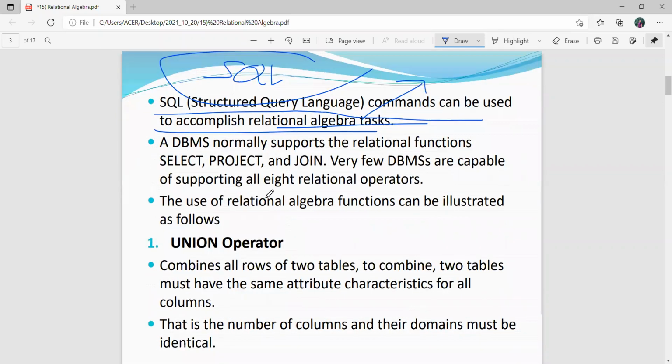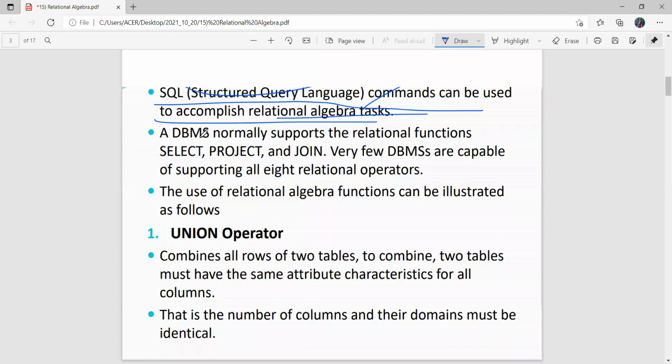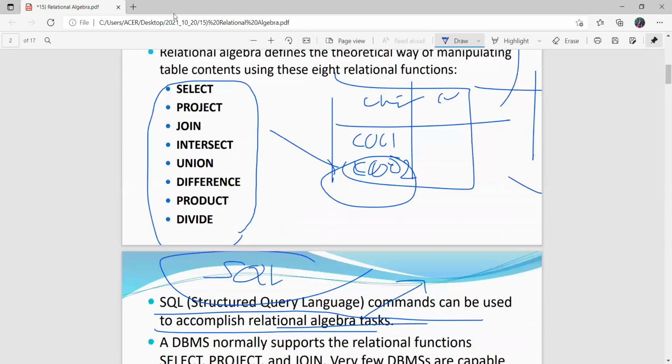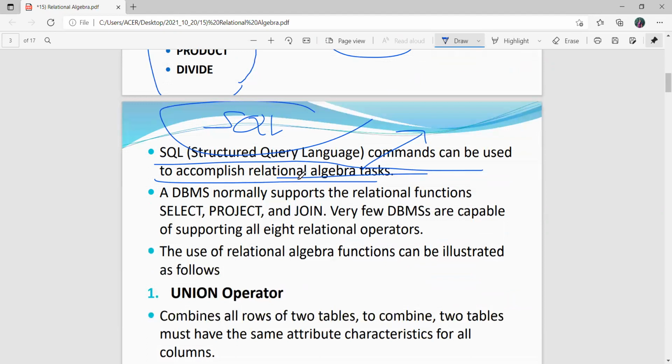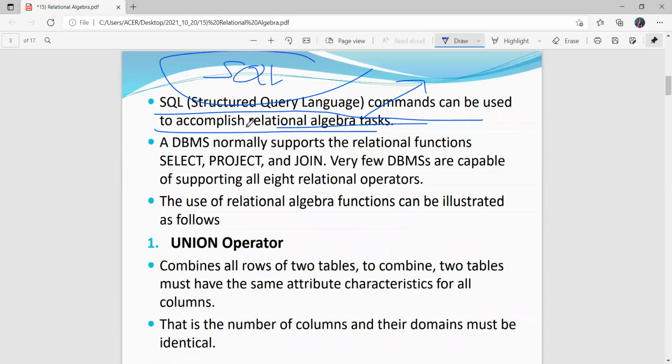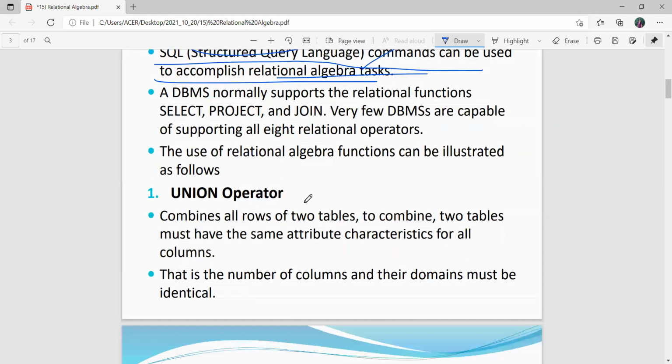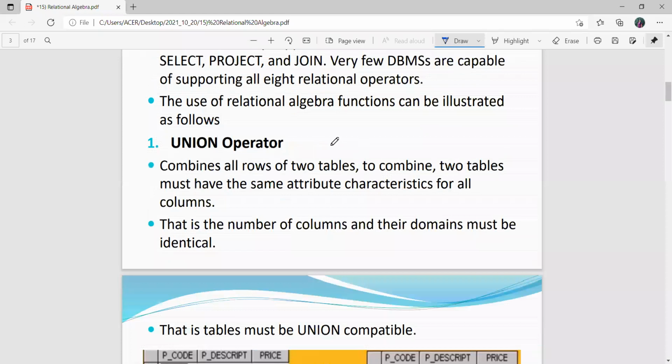You can see there are 8 operators. Let's discuss one by one in detail. In this lesson, we only discuss the functionality, not how to perform these operators or the algebraic tasks. Only the functionality of these operators.